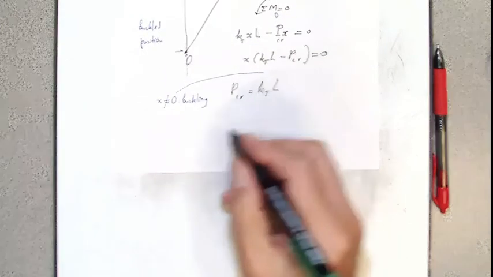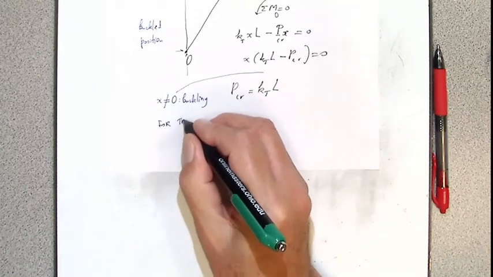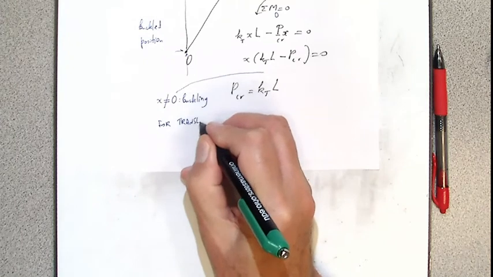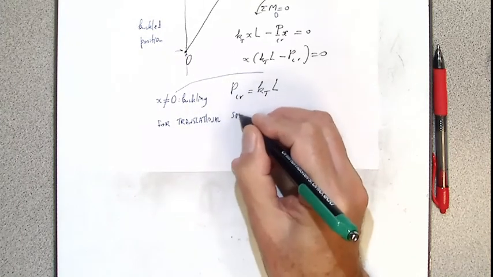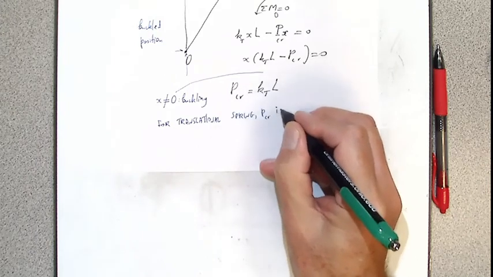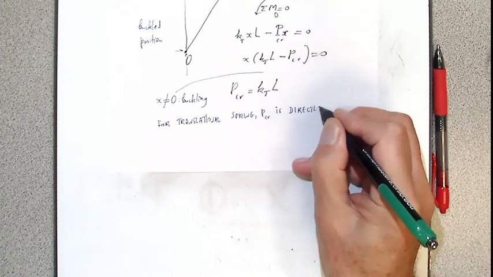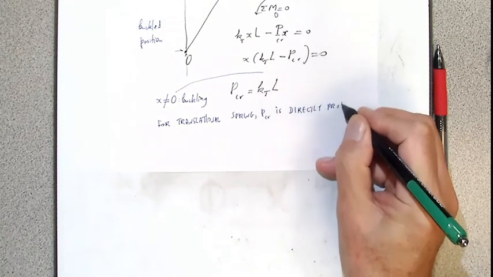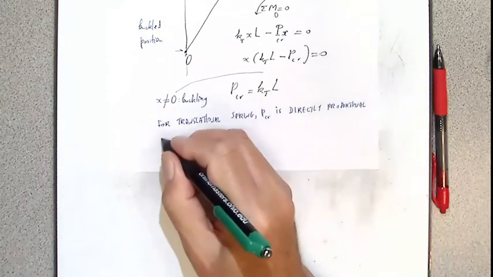So pay attention. For translational spring, P critical is directly proportional to length.